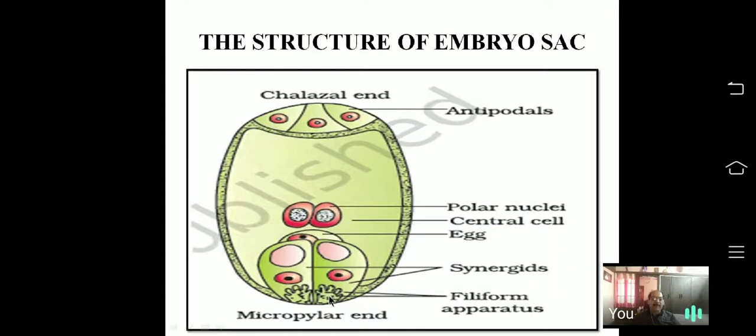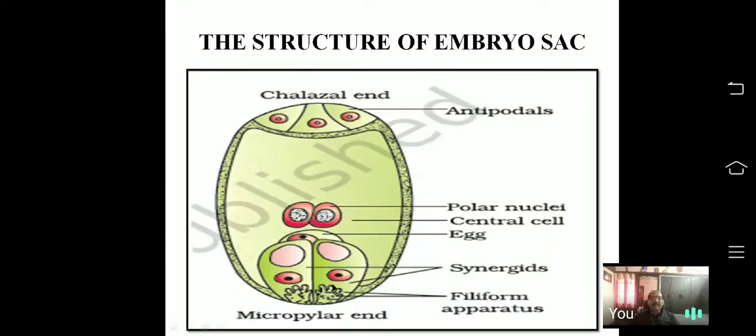This is called the filiform apparatus. This filiform apparatus helps in directing the growth of the pollen tube into the egg cell during fertilization.